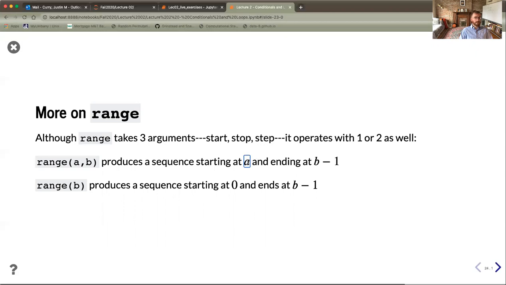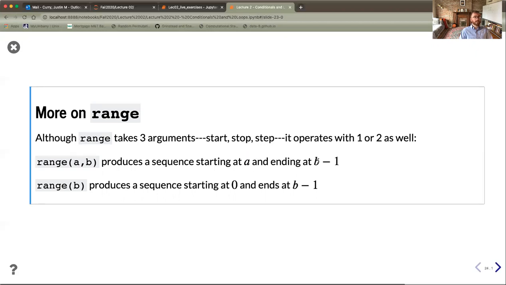But again, it's going to start at A and end 1 before your stop value. The reason for that is if you go even further and you only supply it with 1 argument, and you say, I want to do range(B), it assumes you want a sequence of length B so that you iterate your for loop B times.